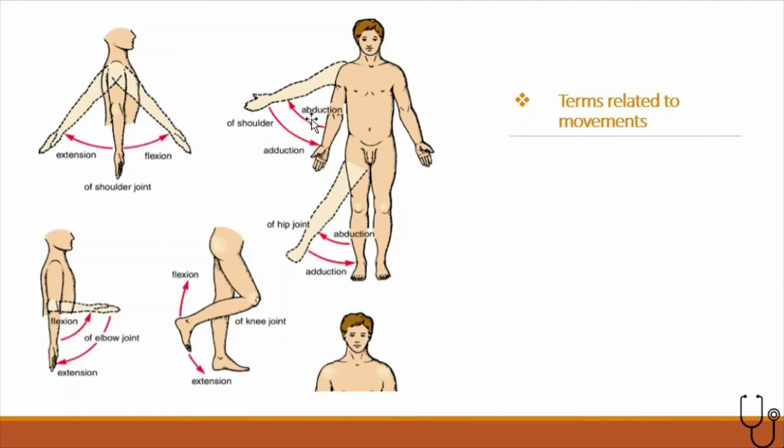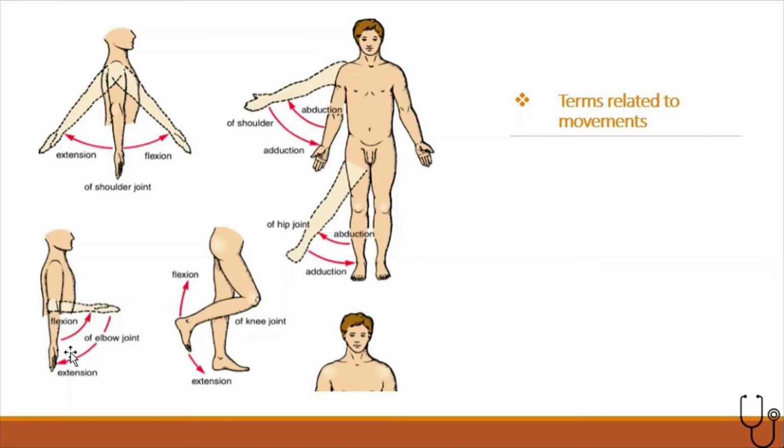Then you can see this red arrow. The abduction means the upper limb moves away from the midline. Then the adduction of the shoulder joint. Adduction means the movement of a limb towards the body. You can see it in this red arrow.